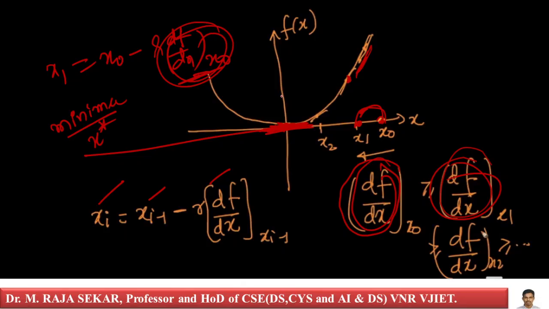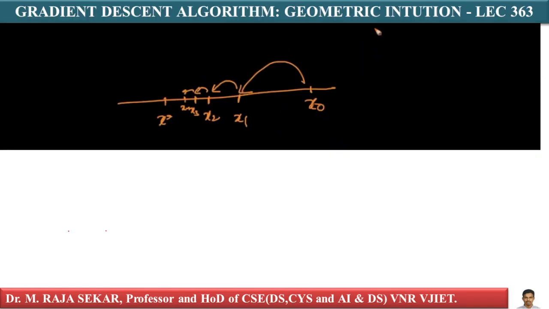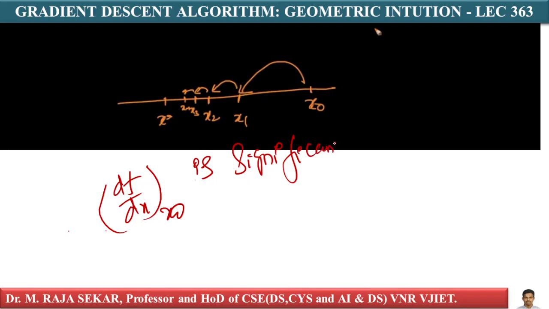Initially, from x0 to x1, we will make a big jump, because df by dx at x0 is significantly more than df by dx at x1.